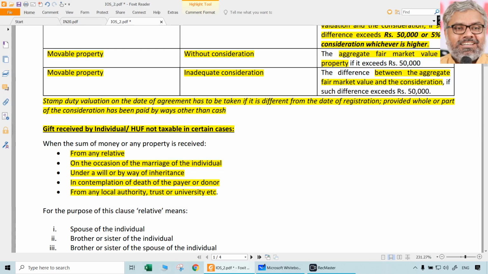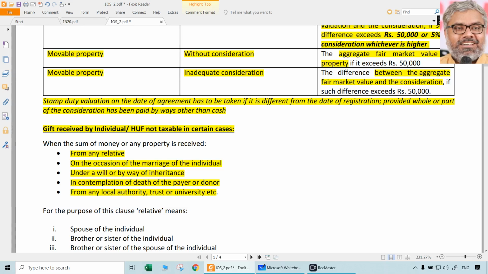Gift will be taxable only in the cases which are other than these payers. So if the gift is received from a relative, not taxable. If it is received from a non-relative, then only it becomes taxable. So we should definitely know and remember when a gift is not taxable. These points have to be very clearly remembered and applied in the problems also.